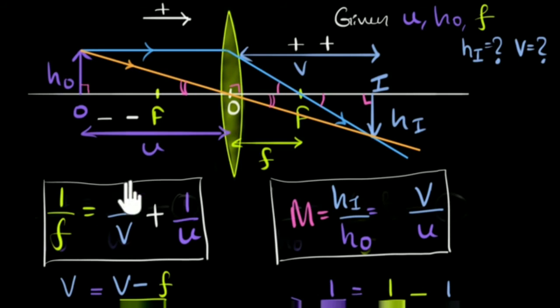So let's start with the focal length. Focal length is the position of the principal focus, which is on the right and positive, so this stays positive. The image distance is the position of the image, which is also on the positive side, so that stays positive. And the object distance is the position of the object on the negative side, so that becomes negative.